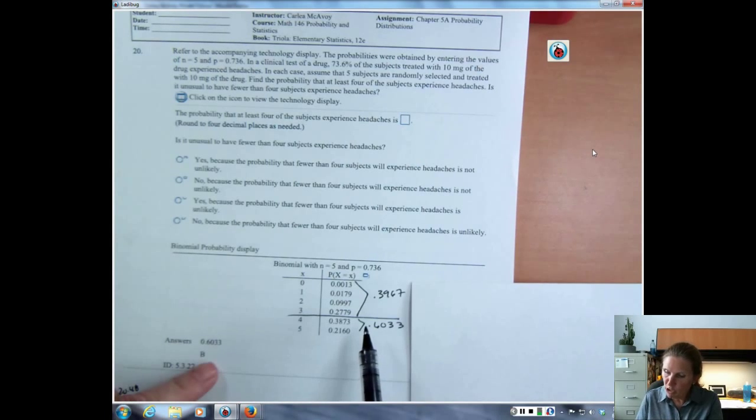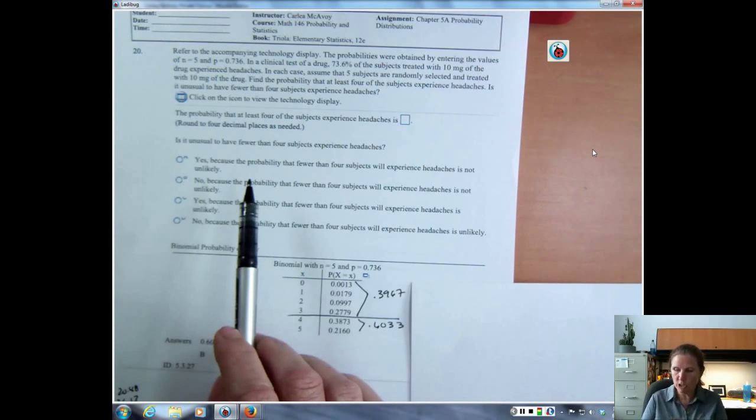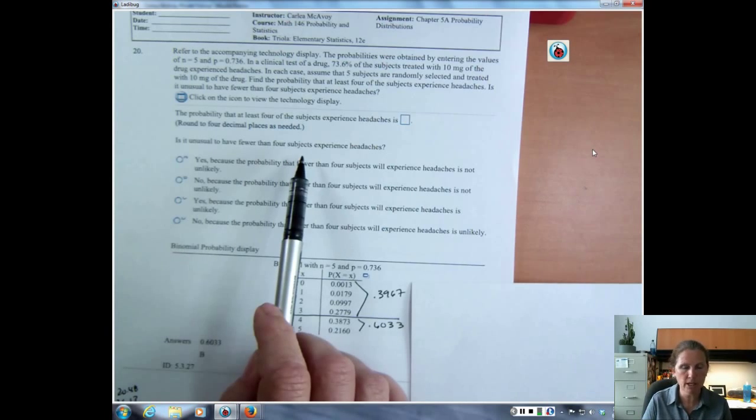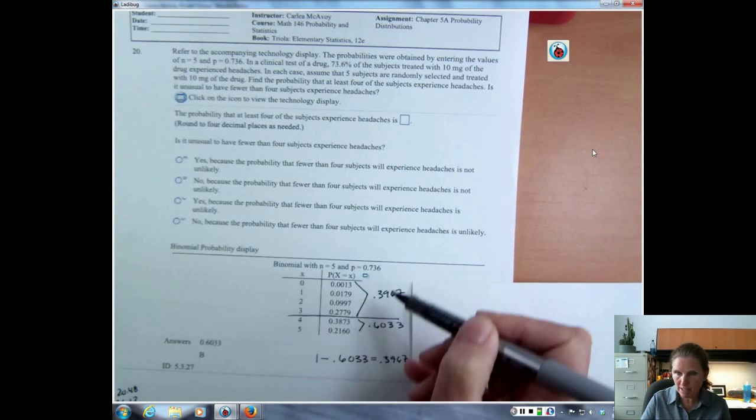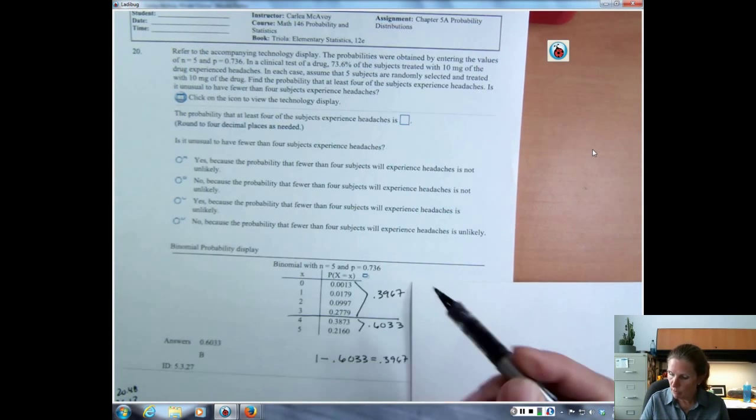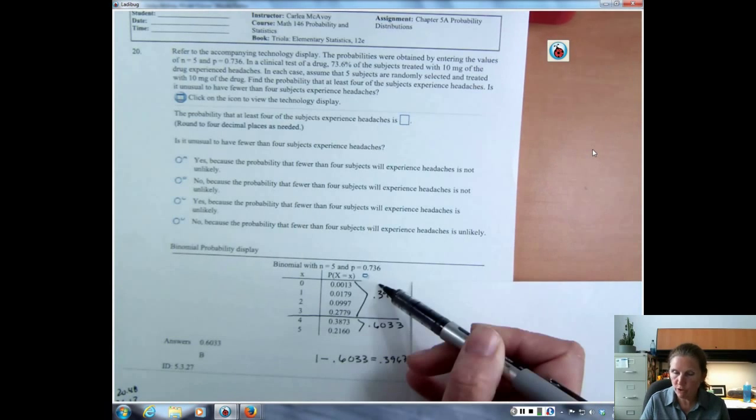And then, is it unusual to have, excuse me, fewer than 4 subjects experience headaches? Well, you just take 1 and subtract the first value, and that's how we get 0.3967. In other words, all this has to add up to 1: here's the people that are 4 or more, and here's the people that are fewer than 4.